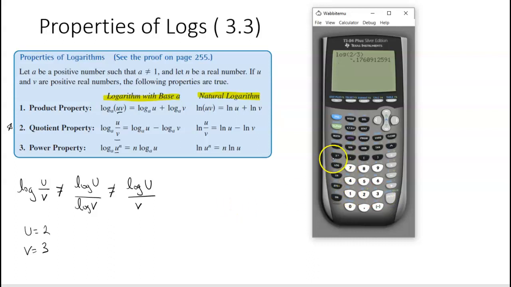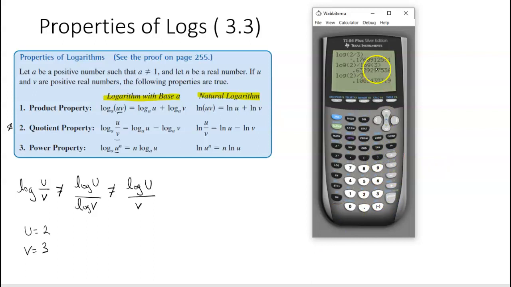What happens if I write it as log of 2 divided by log of 3? We get a very different answer, still a decimal, 0.63. So they're not equal to each other. And if we try the last one, log of 2, close my parentheses, and just divide it by 3, again we get a completely different answer.